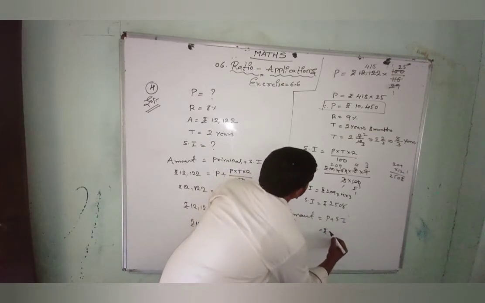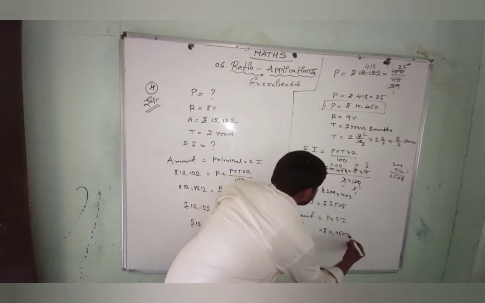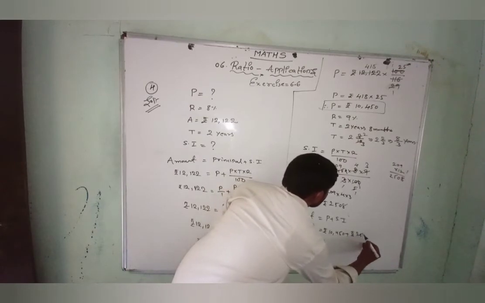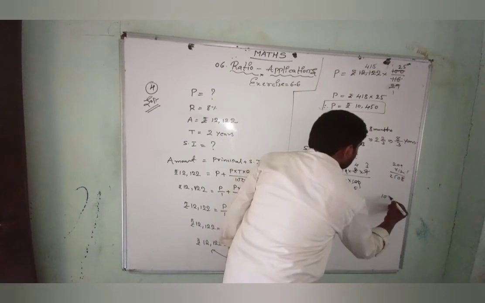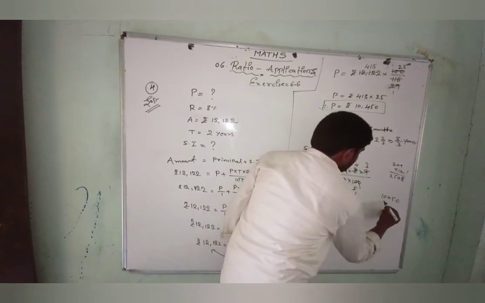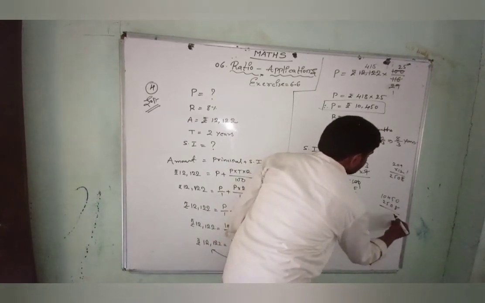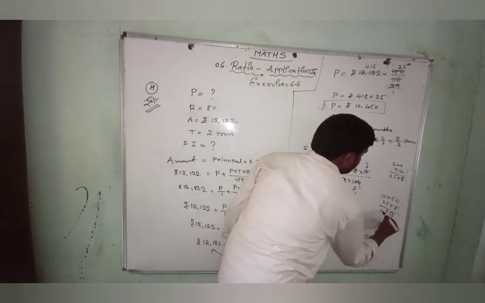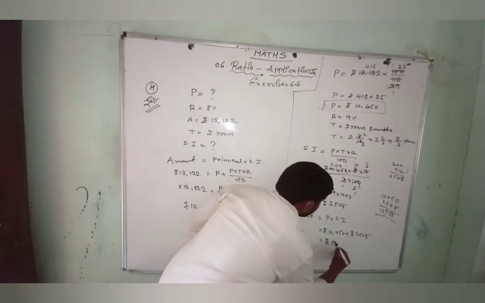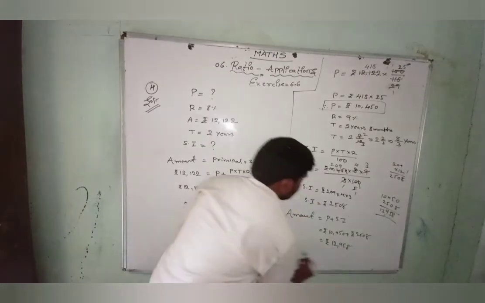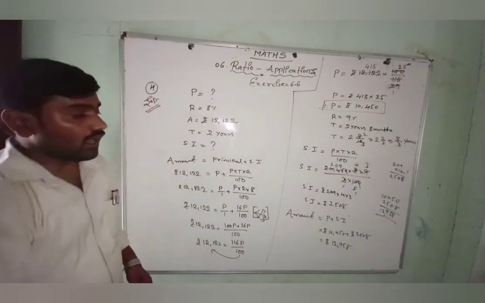Principal is 10,450 plus interest 2,508. That makes 12,958. This becomes the amount.